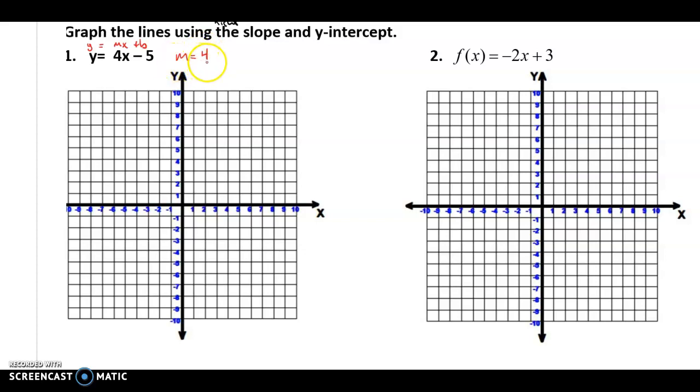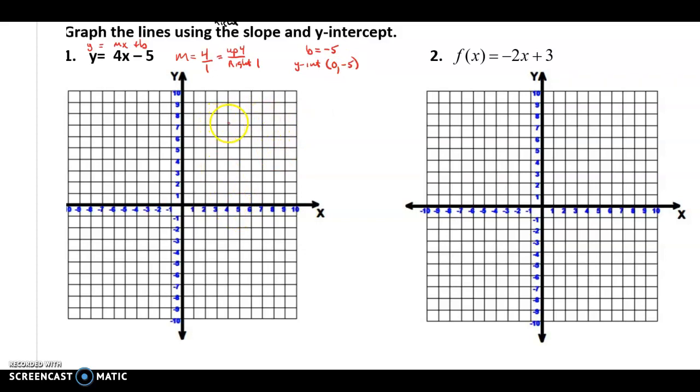Now, anytime we're graphing, we want to change this into a fraction by putting it over 1. And it tells me, and this will make sense in a minute, that I'm going to go up 4 units and then right 1 unit. Now, b is negative 5. So what is my y-intercept? My y-intercept is 0, negative 5.